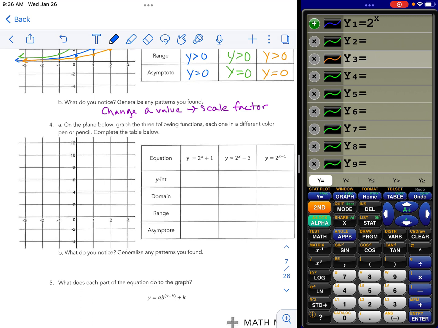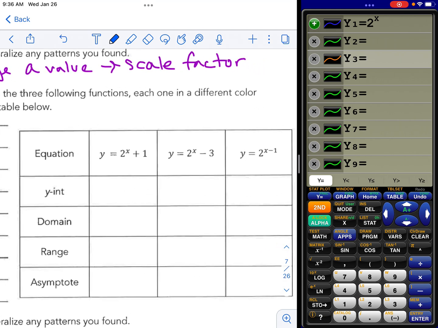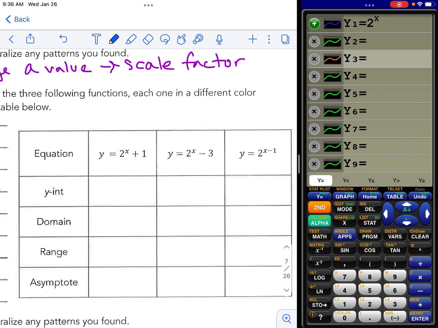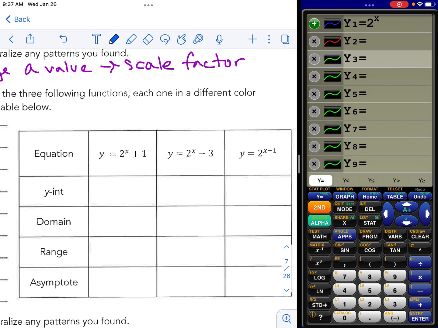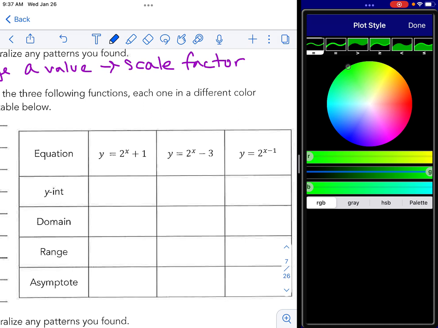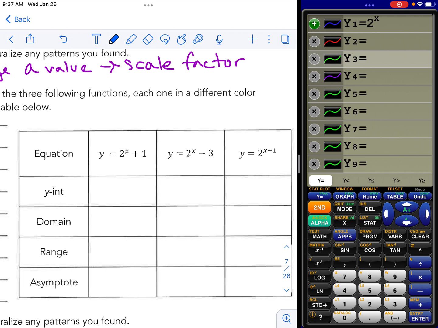We're going to look at these 3 functions. So I'm going to keep that parent function, and I'm going to look at 2x plus 1. So let's change some colors here. I'll choose red, and I'll choose green, and I'll choose purple. There we go. Red and green and purple.